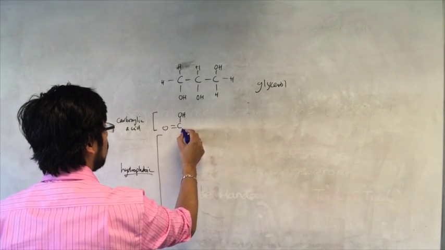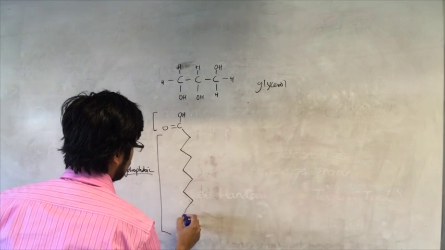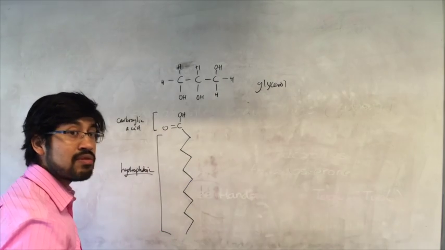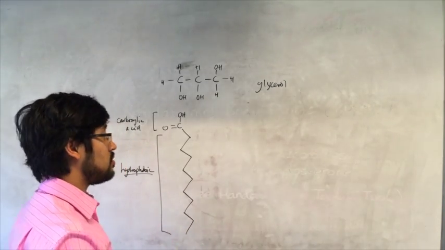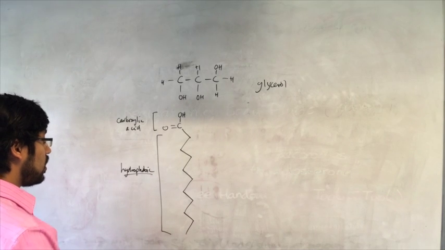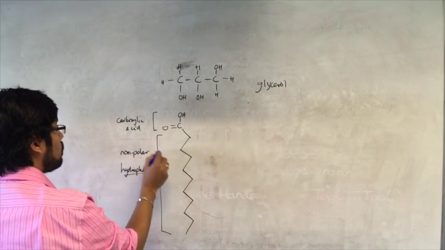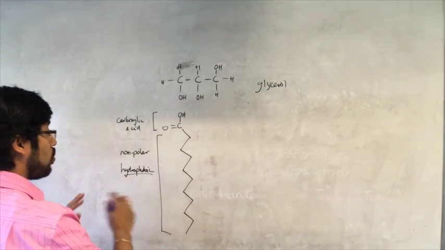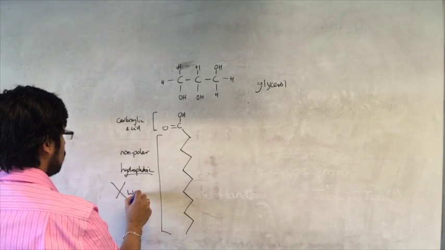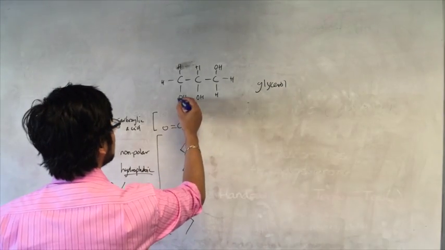The electron distribution in this part of the molecule is very evenly distributed, so there are no regions of positive or negative charge, which means it's hydrophobic. Another way to describe it is non-polar. Because it's non-polar, it's hydrophobic because it won't interact with water. That's very important.